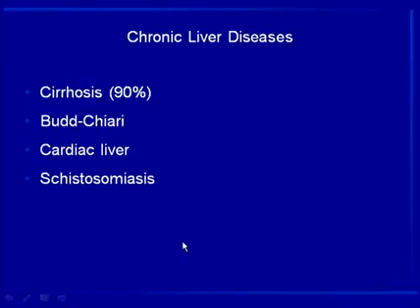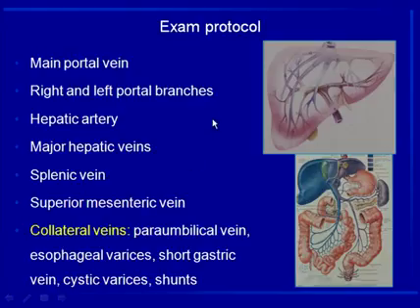Chronic liver disease. Cirrhosis is about 19%. Budd-Chiari syndrome and cardiac liver are important too. In Brazil, we have a lot of cases of schistosomiasis, as you can see later. Exam protocol.